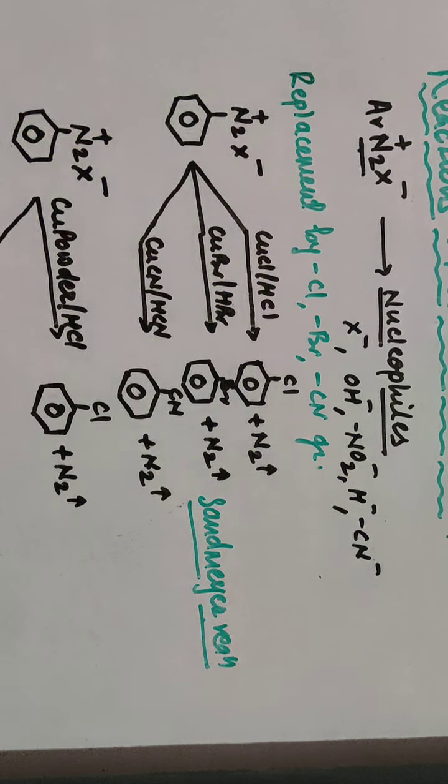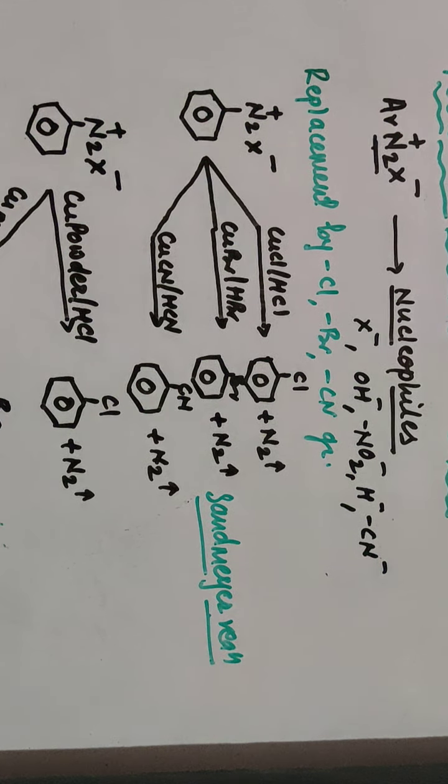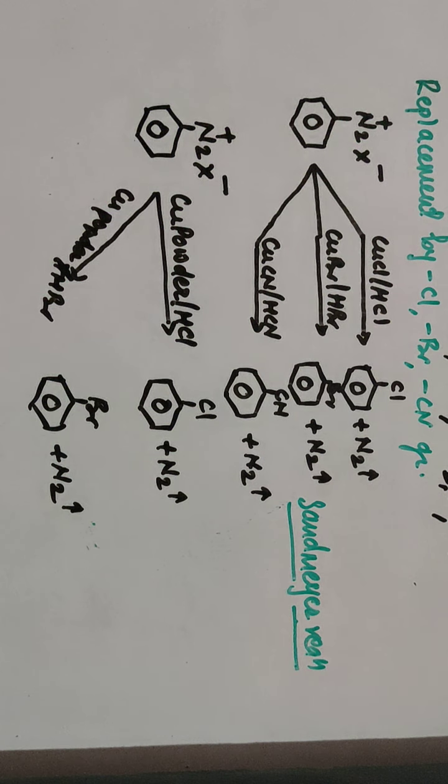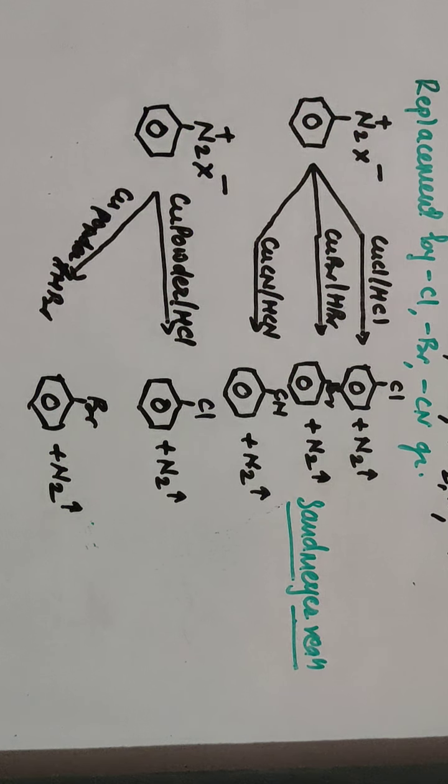When it is treated with again copper powder and HBr, then in that case you will get here bromobenzene and nitrogen gas. So instead of cuprous chloride or cuprous bromide, that means instead of a cuprous compound, you are using here copper powder, then in that case you will get the same compound, but the reaction is called a Gattermann reaction.